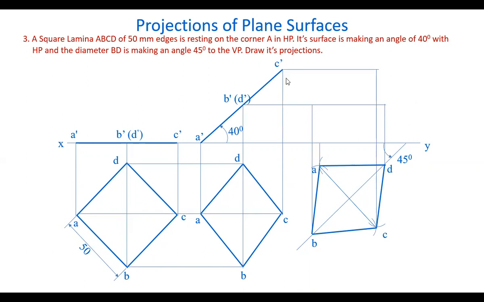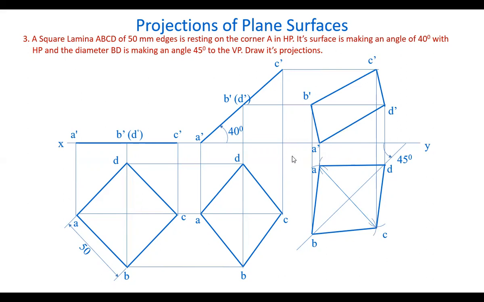And draw horizontal lines from all these points. You get the intersection points here, right? Mark them, A, B, C, D. Join them by straight lines, and you get the final front view. So like this, we are able to draw the final projections of its surface when it's making an angle with both the planes.